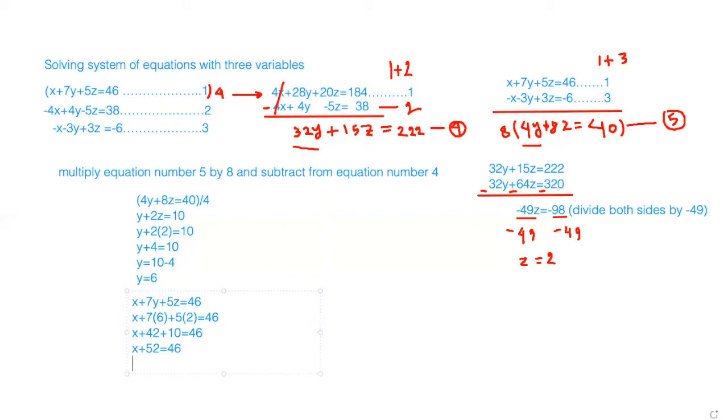So I can write x equal to 46 minus 52. So the answer is negative 6. So x value is negative 6. So we got x negative 6, y 6, and z 2.